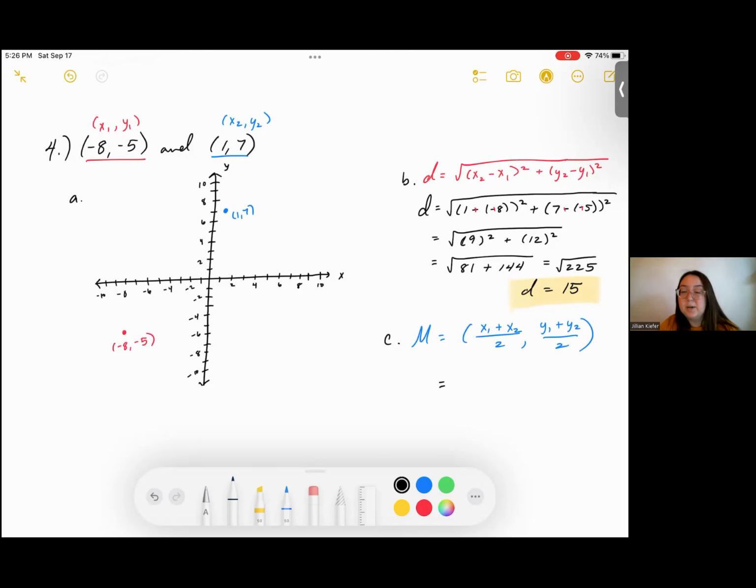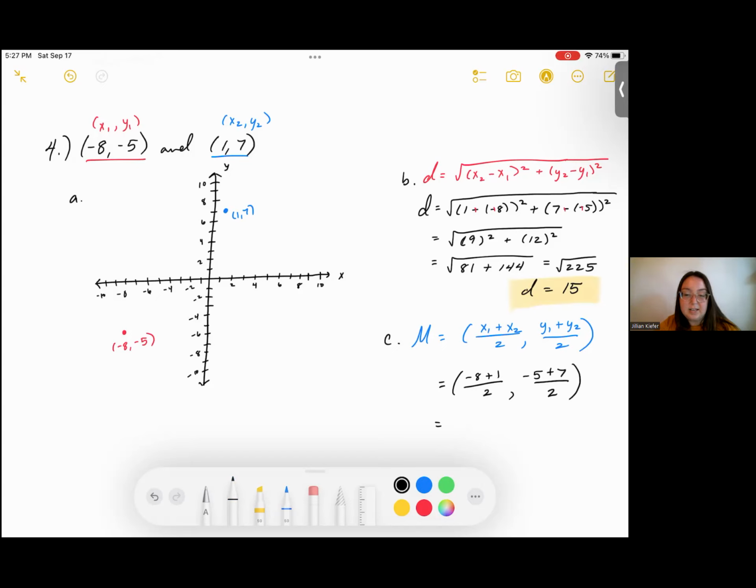So we know what x sub 1 and x sub 2 and y sub 1 and y sub 2 are, so we're just going to fill in these values. X sub 1 we said was -8, so we're going to have -8 plus 1 divided by 2. And then we're going to have y sub 1, which is -5, plus y sub 2, which is 7, divided by 2.